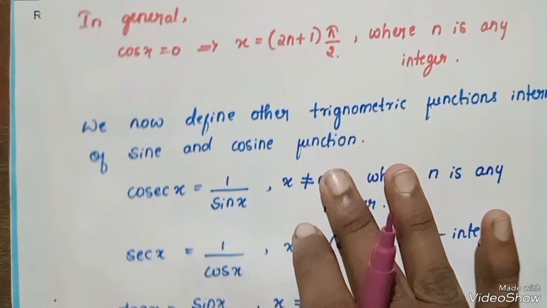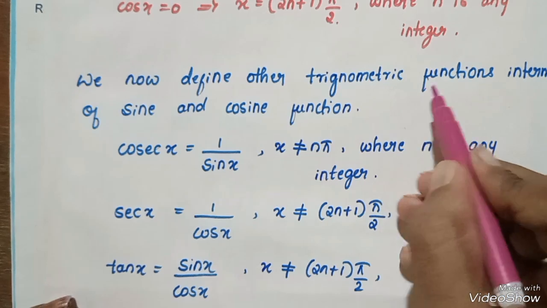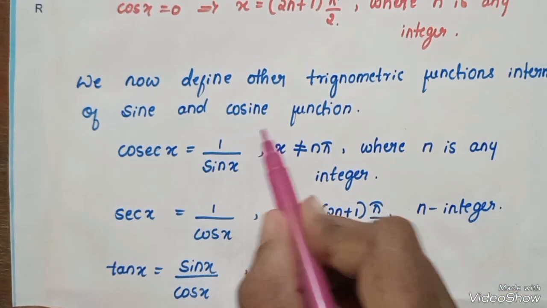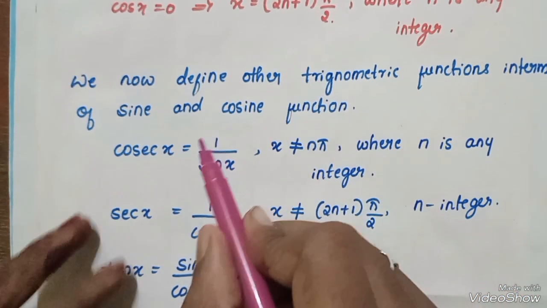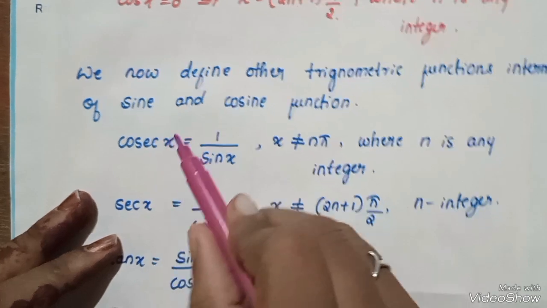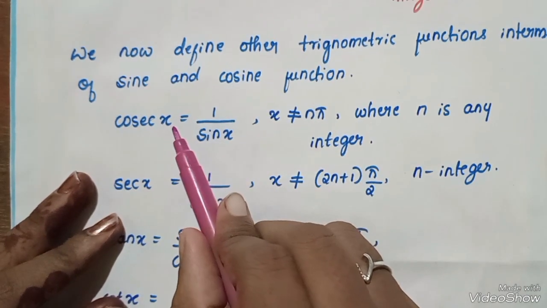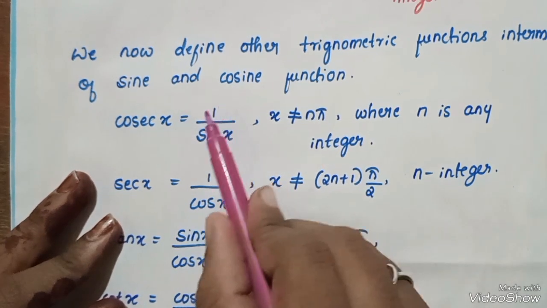Similarly, now we define the other trigonometric functions in terms of sine and cosine. First, cosec x can be written as 1 by sin x.